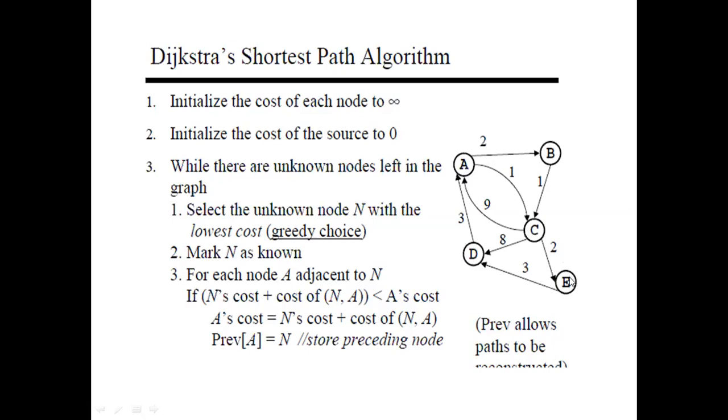In that case, if the direct distance is not given, we consider it as infinity. If we find the minimum distance, if we consider the path A to B, that is 2, B to C, that is 1, and C to E, that is 2, here we can modify this path. We can modify its value, and that is nothing but relaxation.